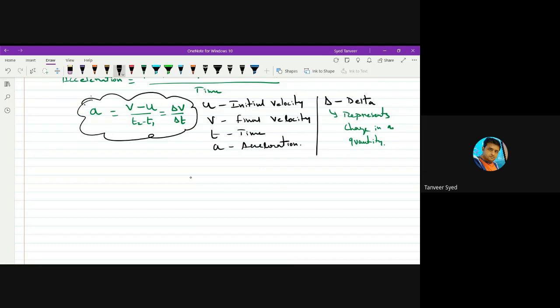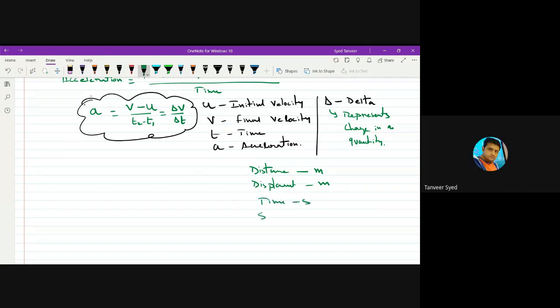Now, what is its unit? What is the unit in which you measure acceleration? What is the unit in which we measure distance? Meters. Displacement, meter only. What do we measure time in?